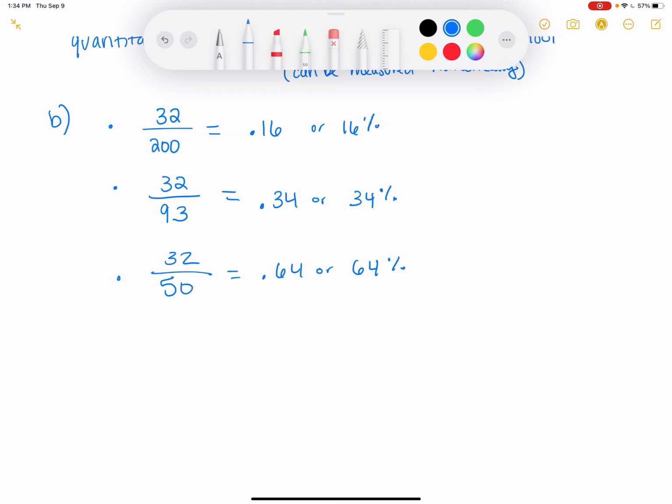We need to see the percentage of the whole group of people that are smokers. We need to know the percentage of four-year college people that smoke, the percentage that have a two-year college that smoke, and the percentage of high school grads that smoke.